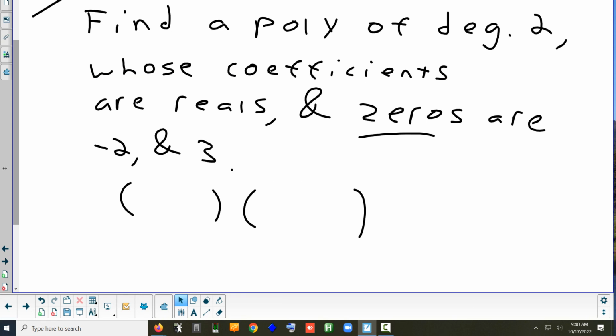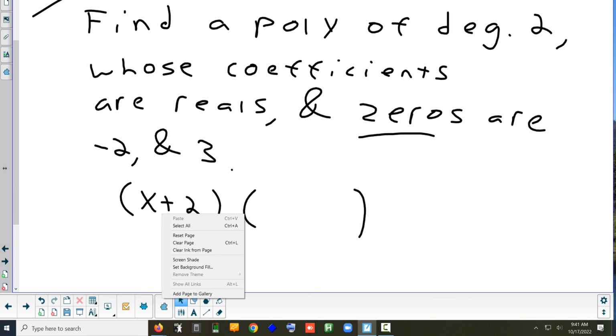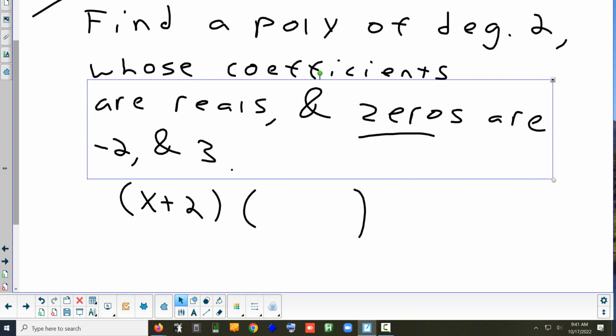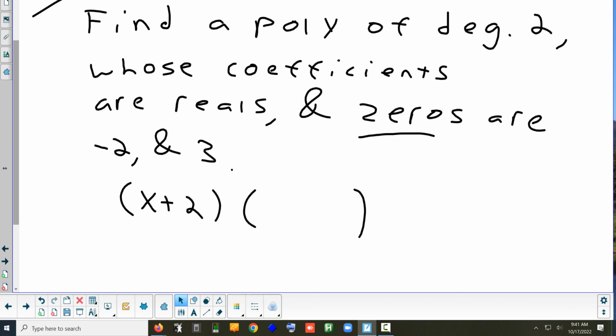X plus 2. I could plug -2 in for x and get 0. That's what it means to be a 0. If 3 is another 0, what would have to be right here so I can plug 3 into it and I get 0? X minus 3.